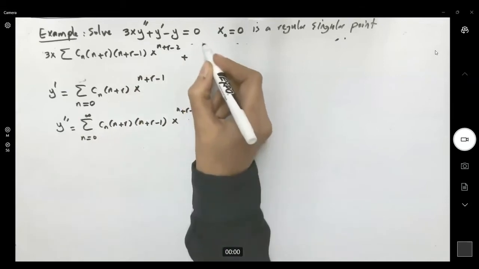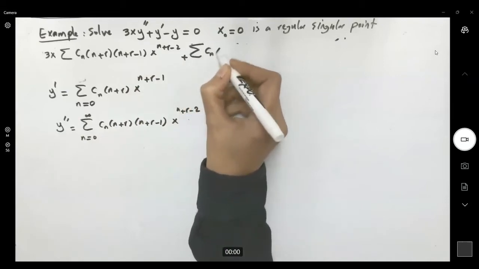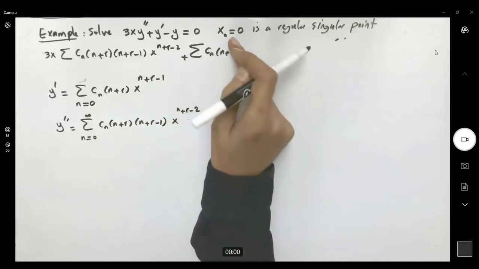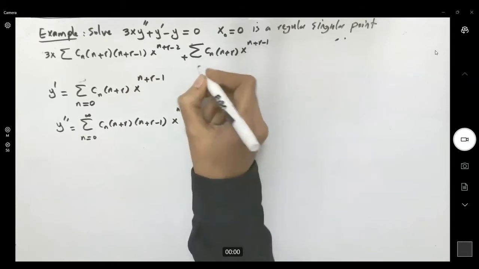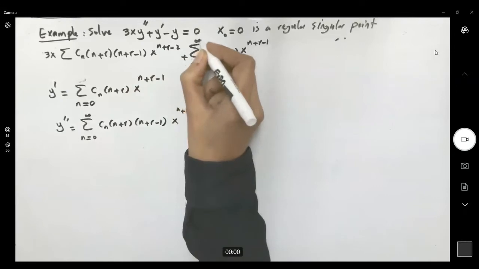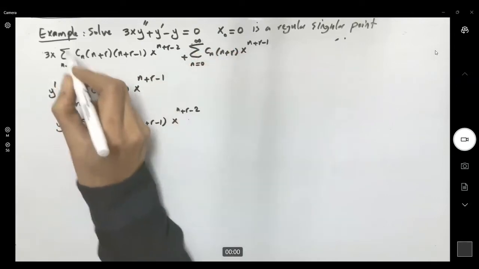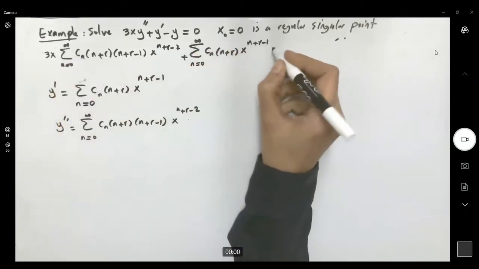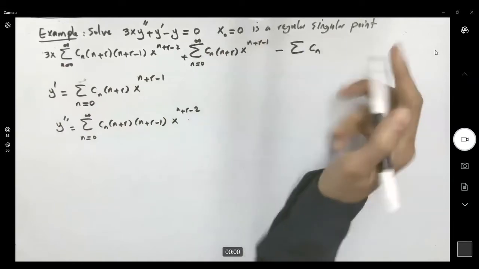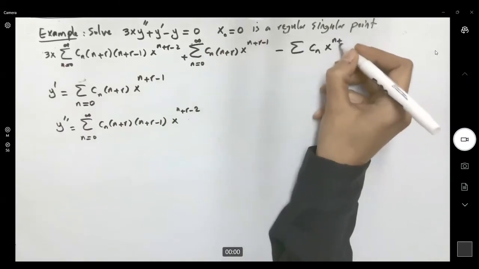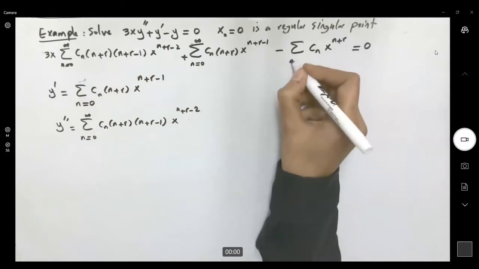Y prime is the sum Cn (n plus r) x to power n plus r minus 1, and for all n start at 0 to infinity, and minus y, which is the sum Cn x to n plus r, equal to 0.